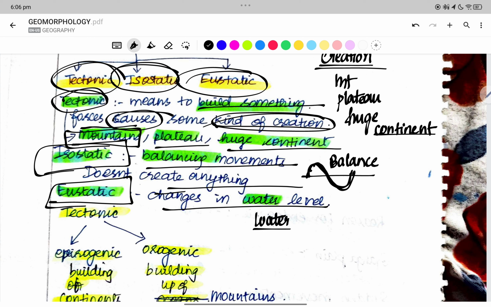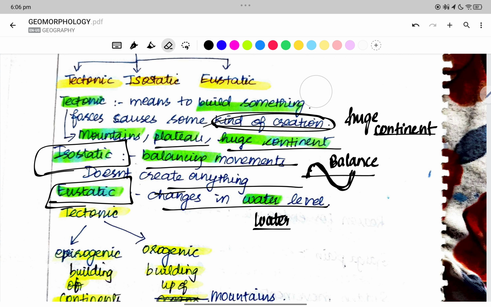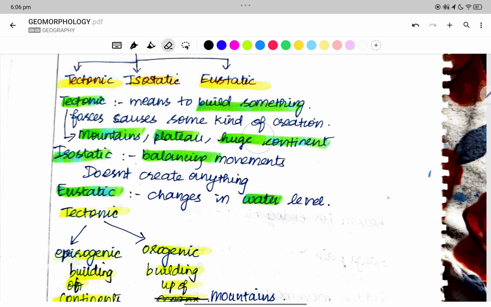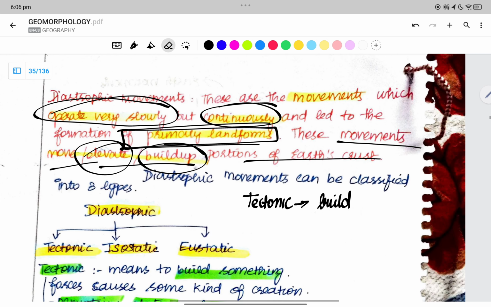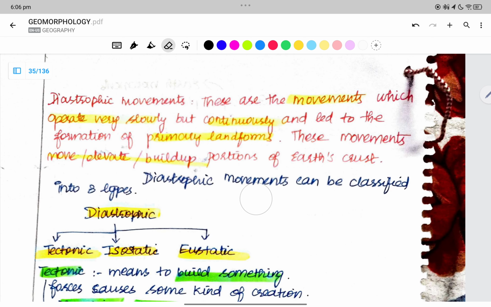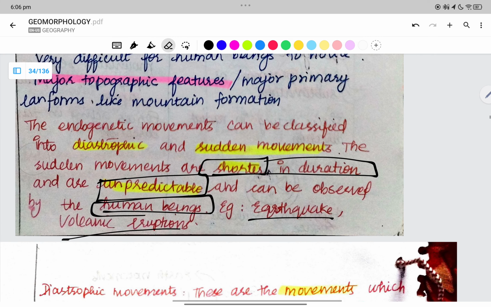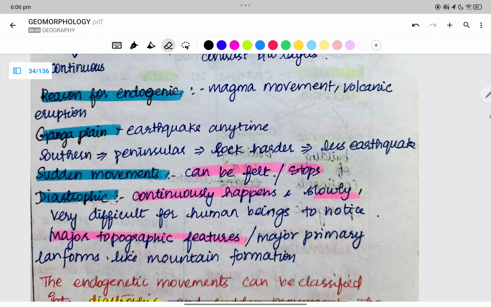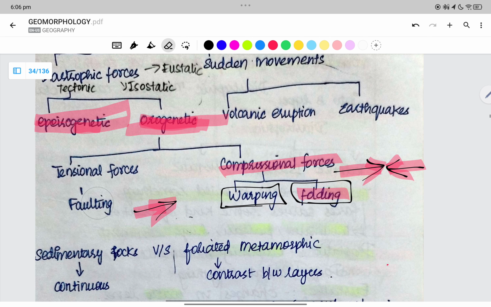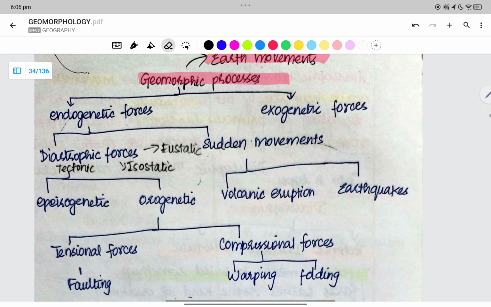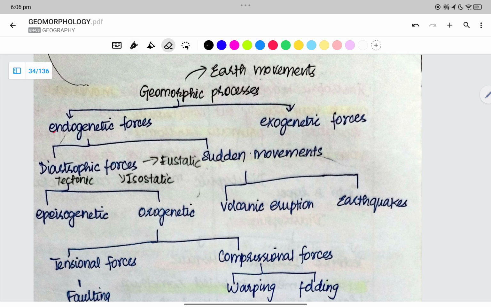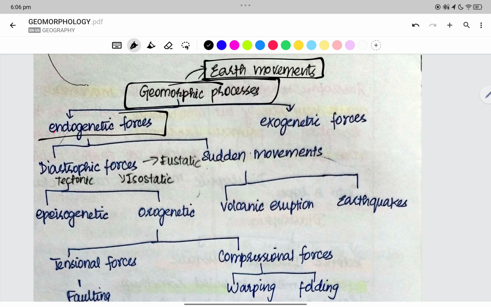Let us go from the beginning of geomorphic processes and have a quick glance over these. The Earth's movements, or the geomorphic processes, are classified into endogenetic forces and exogenetic forces.